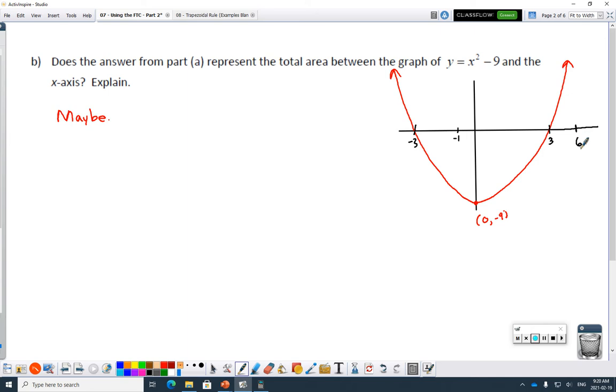Okay, I know that's not really to scale, but it sort of gives you the image of what's going on here. So let me fill this in with some negative area here. See, it's down in there. See, that's all negative area.